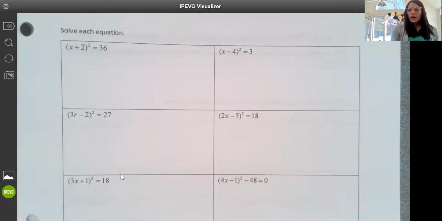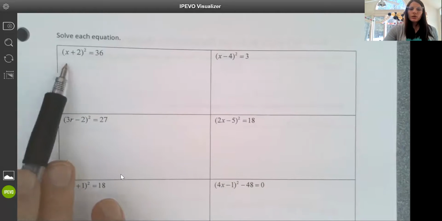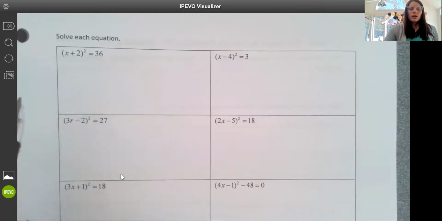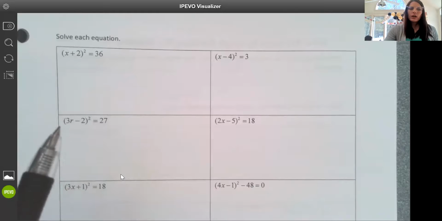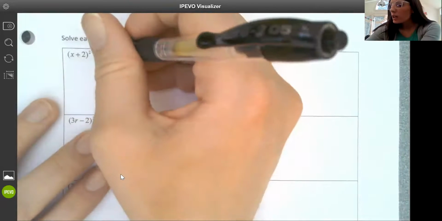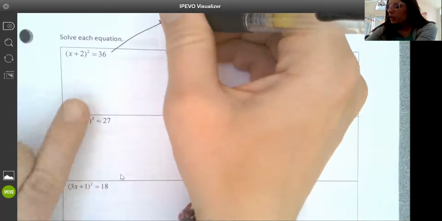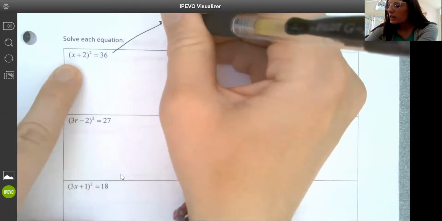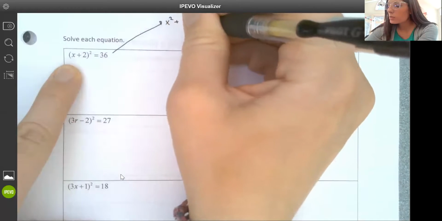So I'm going to show you how I could solve this using factoring. If it was not this unit and we were in the unit before and we were only factoring, what I would need to do for this problem is know that x plus 2 squared is x squared plus 4x plus 4.